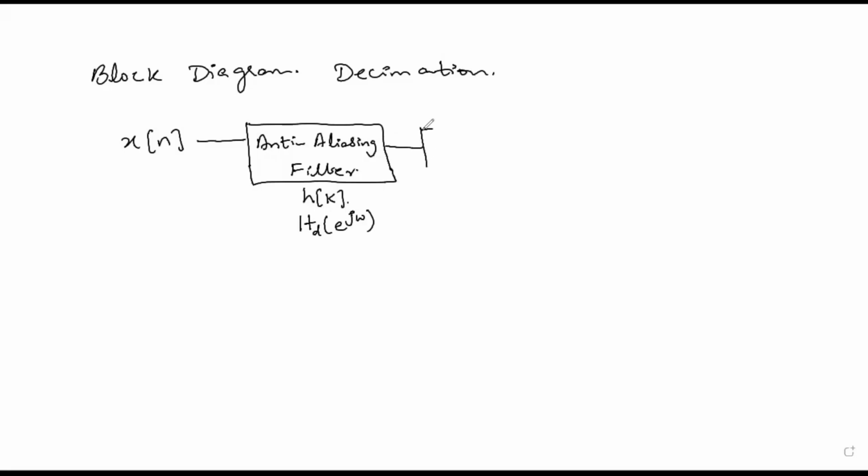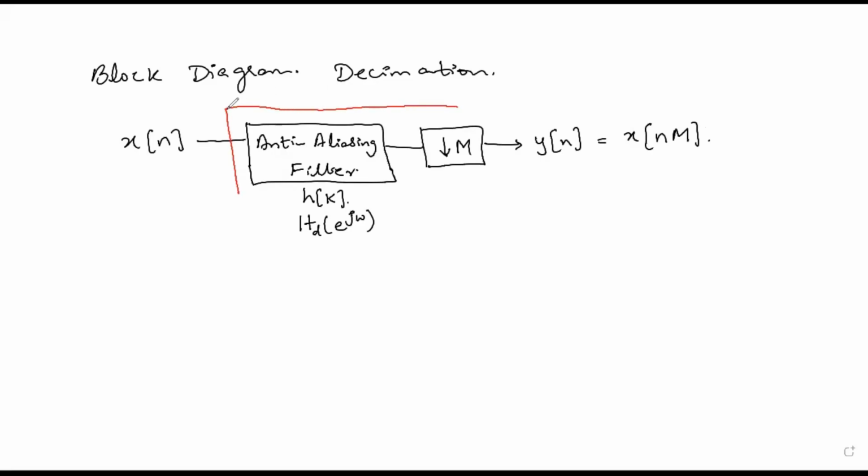Then comes y of n, which is equal to x of n, this whole process, that is basically a discrete process.